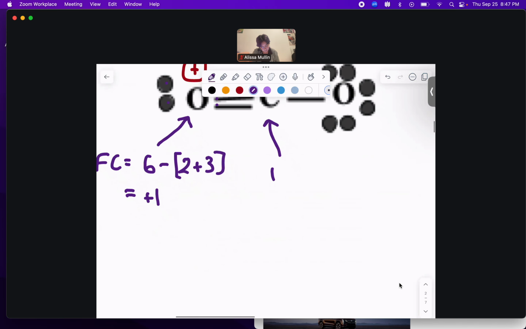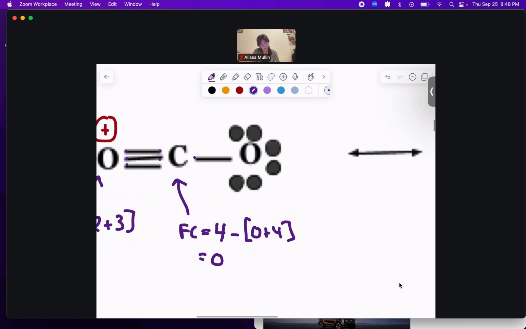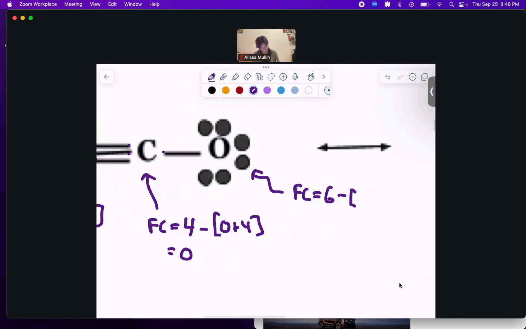Again, formal charge: starting valence electrons is 4 for carbon, and it has 4 lines attached to it. So, if possible, carbon likes having 4 bonds. That's what gives it a formal charge of 0. Over here, formal charge is equal to starting valence electrons, 6 for oxygen, minus its 6 dots and its 1 line.